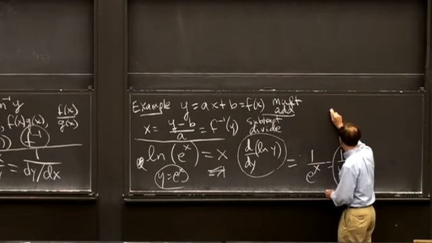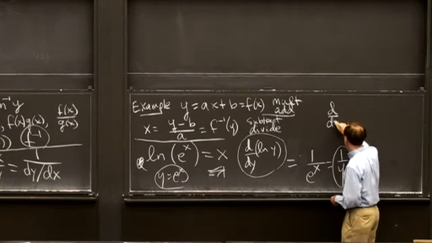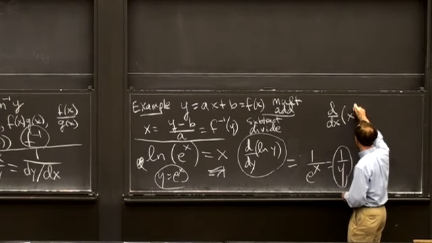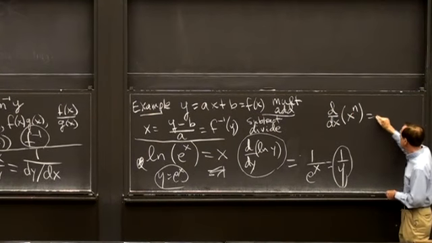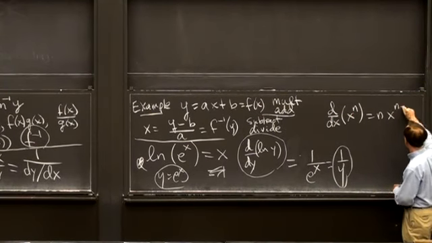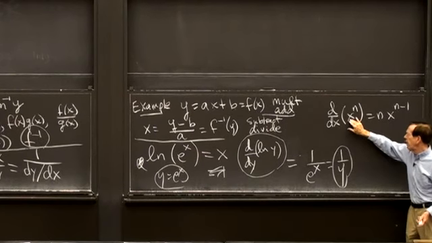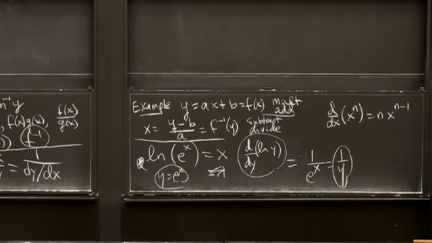You remember the very first derivatives we knew were the derivatives of x to the n, powers of x. Everybody knows that that's n times x to the n minus 1. The derivative of every power is one power below. With one exception.